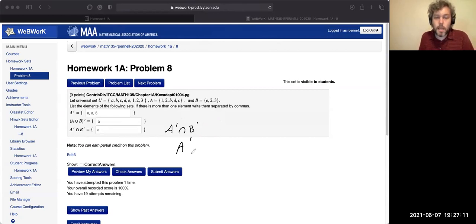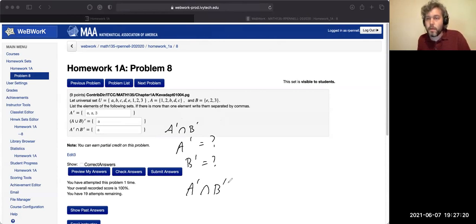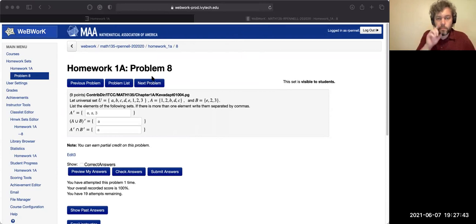I might find A complement first, then B complement, and then find A complement intersect B complement. You can see what's outside both. If you're patient enough, you probably could do it just by inspection, just looking at these two sets and seeing what's outside of them. But that's how I would do it, piece by piece. I would see what is A complement, what is B complement, and then what is outside both of them. So that's how I would tackle that problem.